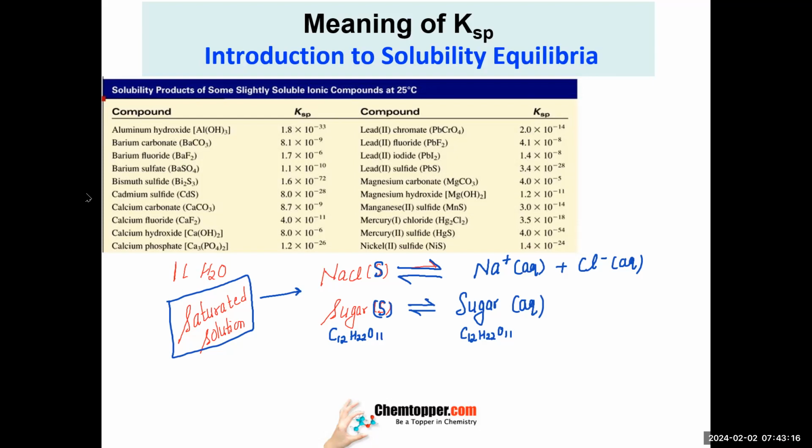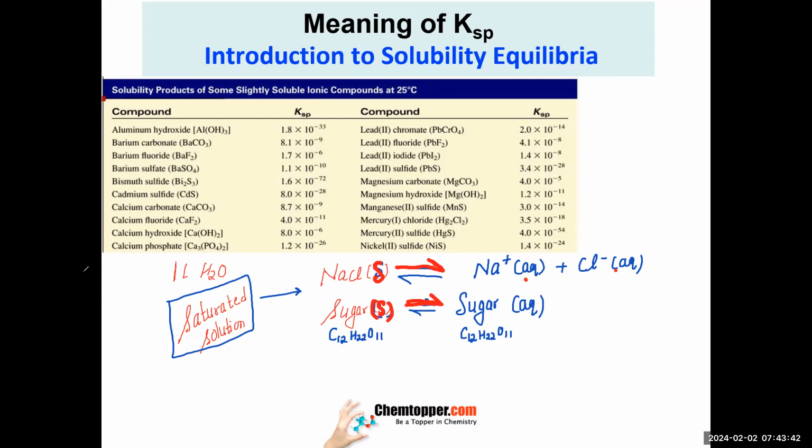No. Dissolution is still happening. Dissolution is going in this direction, solid to these ions. Solid to aqueous. So at the time of equilibrium, dissolution is still going on.